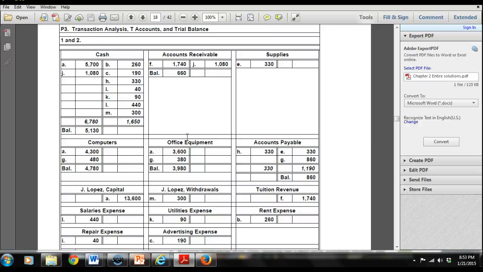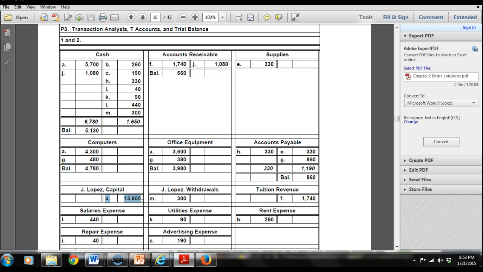So what would the credit be? Capital, J. Lopez Capital for $13,600. So what we would want to do is under A, we will credit $13,600. You see that right there?